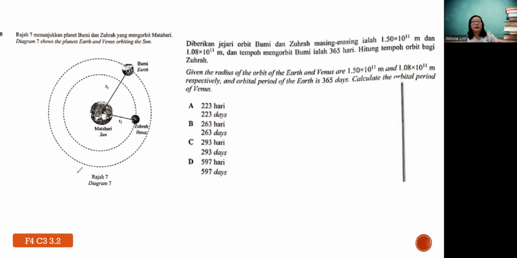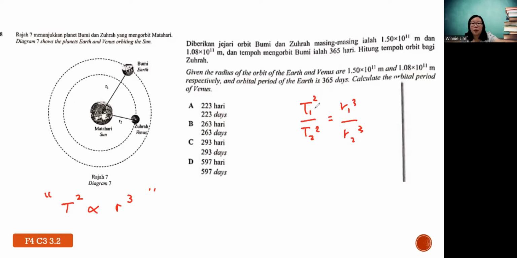And the third one is about the relationship between the radius and the orbital period, whereby T square is directly proportional to R cubed. So this is Kepler's third law. Due to this idea, you will have a formula whereby T1 square over T2 square equals R1 cube over R2 cube. So this is the formula that we're going to use to calculate.